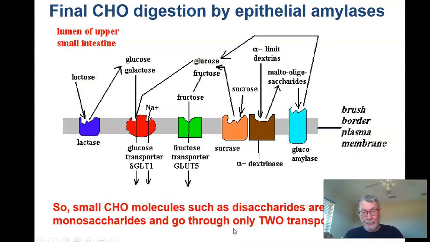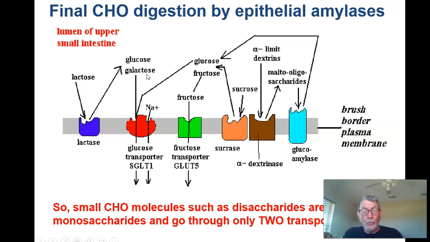Now this is one of those things that looks terrible when you first look at it, but this is really easy. This is the brush border of your intestine. Here's the inside of your intestine. This is your tissue. Here's the food. The food is out here. It's coming across, and it needs to get across the brush border and into your bloodstream. So the lactose has to be broken down into glucose and galactose.